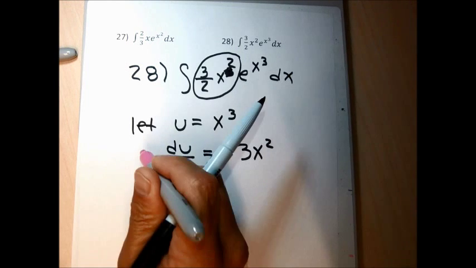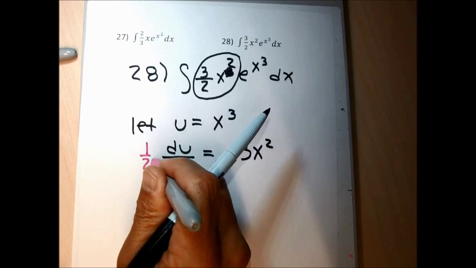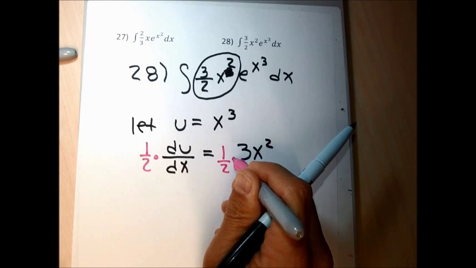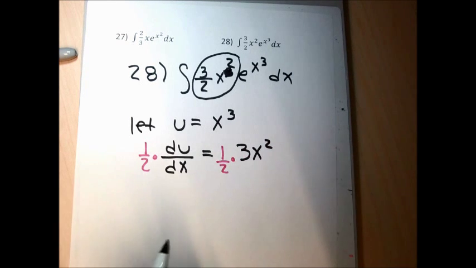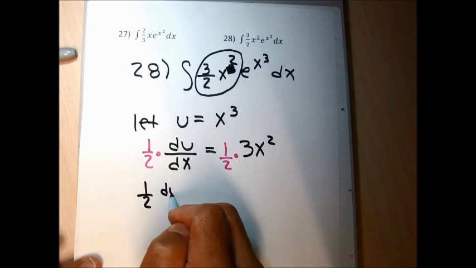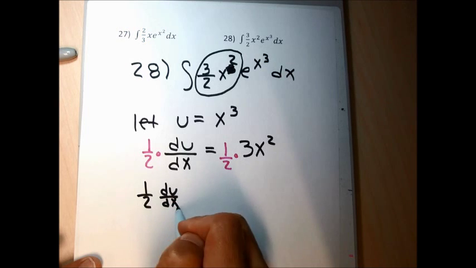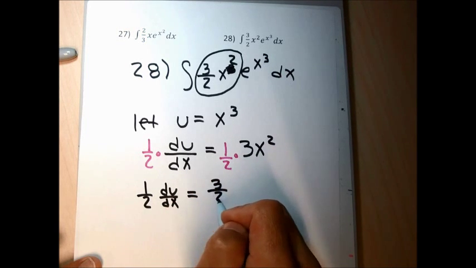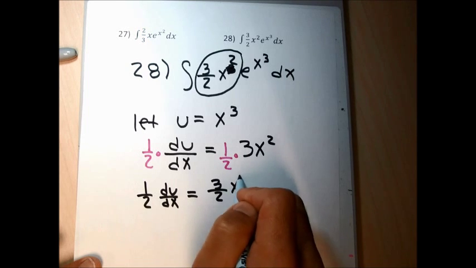Dividing by 2 is the same as multiplying by 1/2, so I'm going to multiply by 1/2 on both sides. On the left side, I'm just going to leave 1/2 du dx, and on the right side, 1/2 times 3 is 3/2, and I get 3/2 x squared.